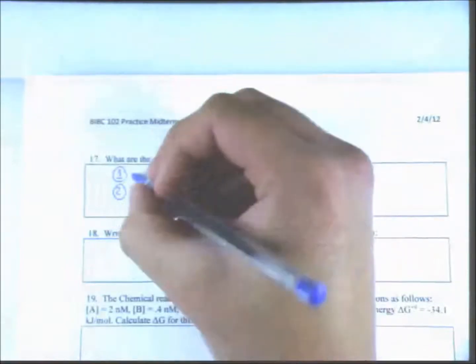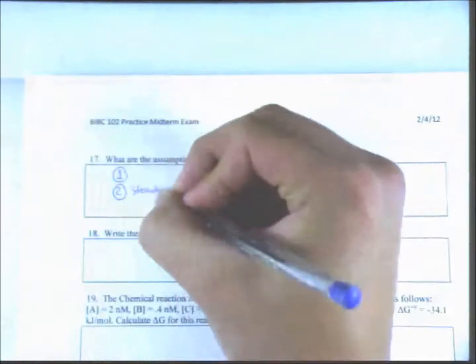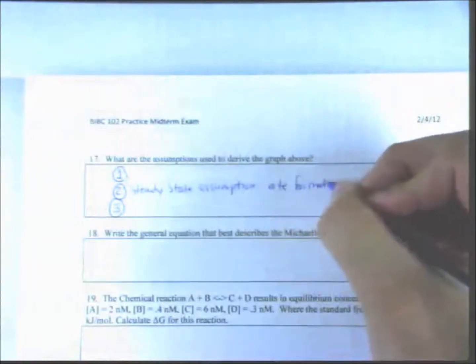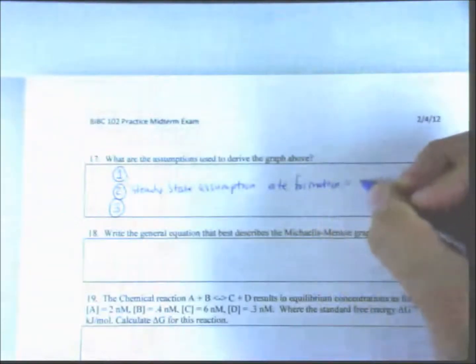Okay, yes, steady state. There we go. Steady state assumption. All right. What does steady state assumption mean? Rate of formation is equal to rate of breakdown. And for what specifically? The enzyme substrate complex. Okay?